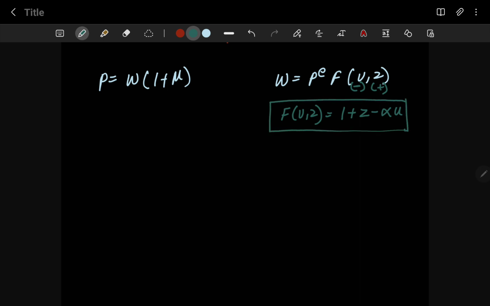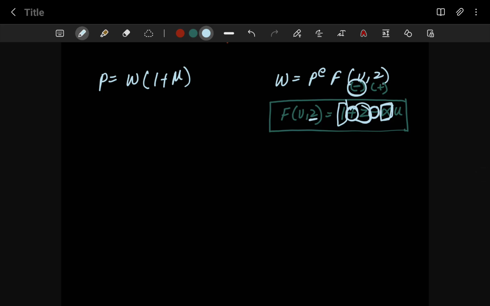The very easy trick of remembering it is: 1 plus Z because it has a positive relation, then minus because it has a negative relation, and then we have alpha because it measures the magnitude of the difference.